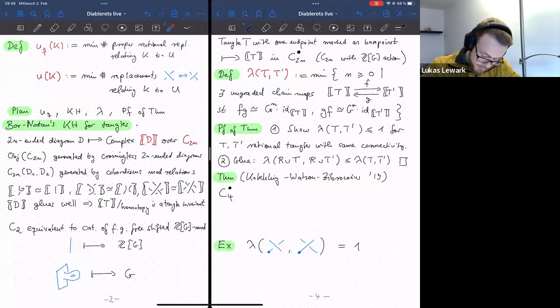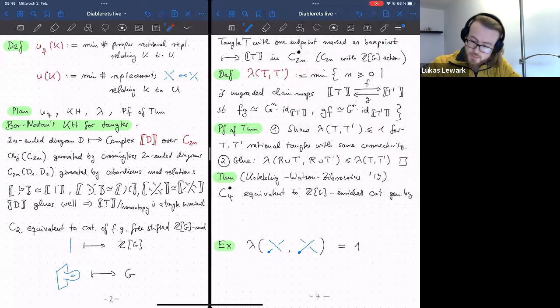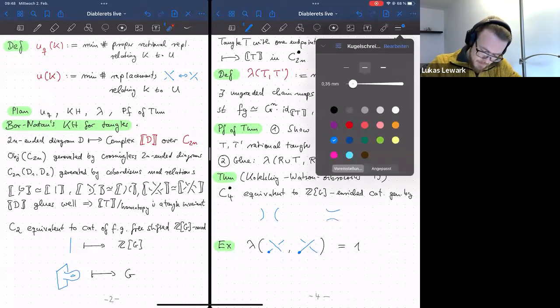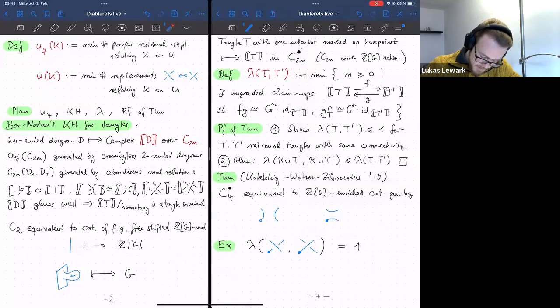Namely, this category C4 dot is equivalent to the Z[G]-enriched category generated by, so we need two objects, this one and this one. So these are two objects, and then I said generated by.